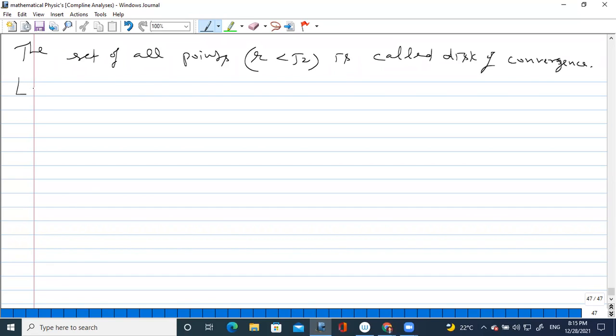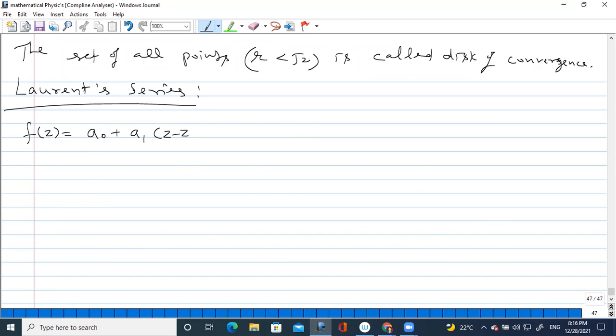Now let us talk about the Laurent series. For the Laurent series, we can directly write it. f(z) in the Laurent series will contain the Taylor series first, and after that, some addition to that. So a0 plus a1 (z minus z0) plus a2 (z minus z0) whole square plus dot dot dot.